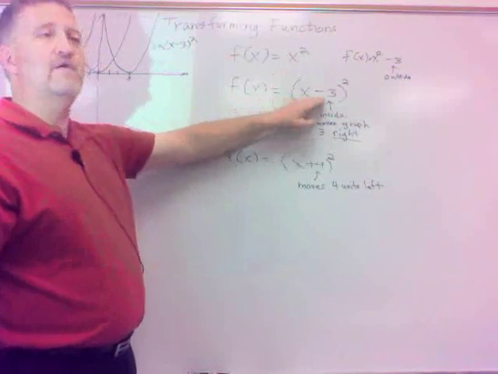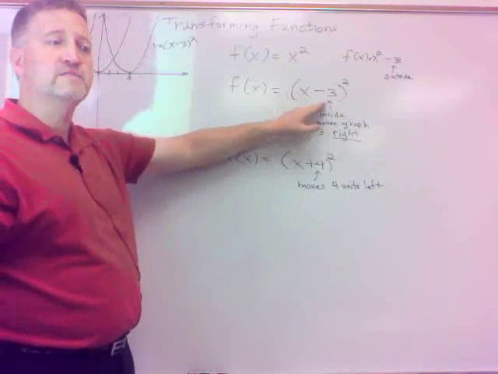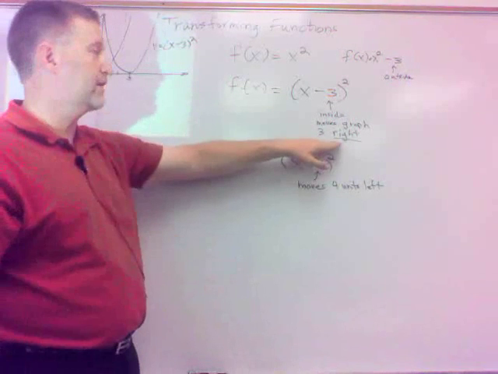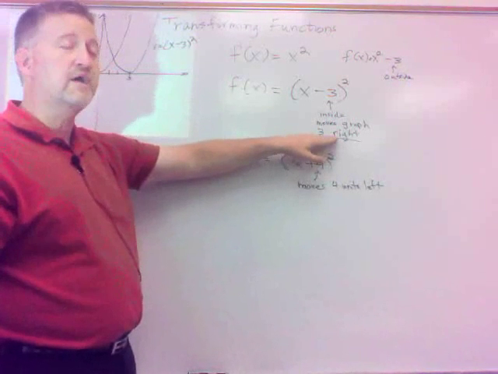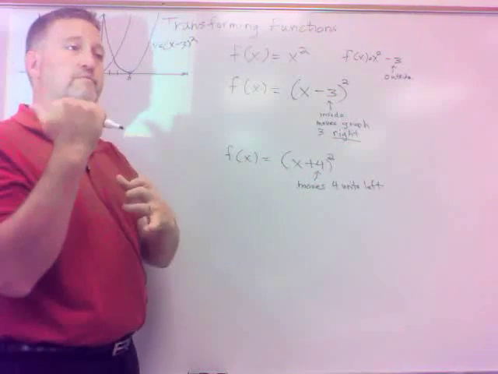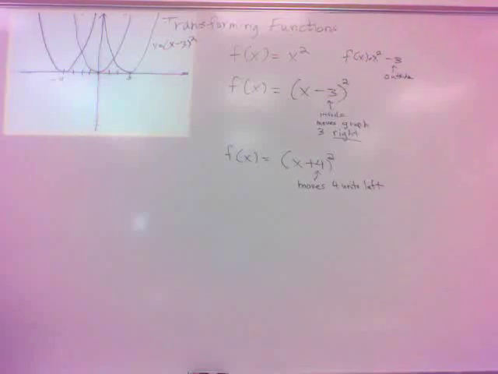On the inside, however, it might go a little opposite of what you might think. Minus on the inside goes to the right. That will always be that way. Plus on the inside goes to the left. So that will always be the case, but it is opposite what you might think.